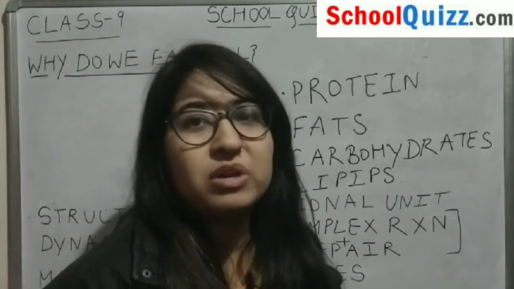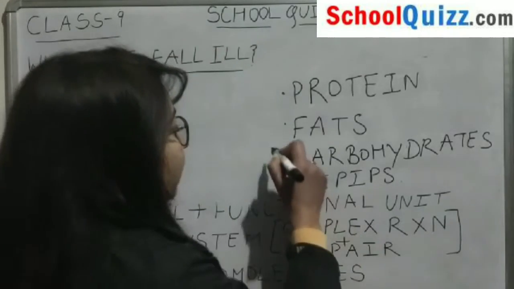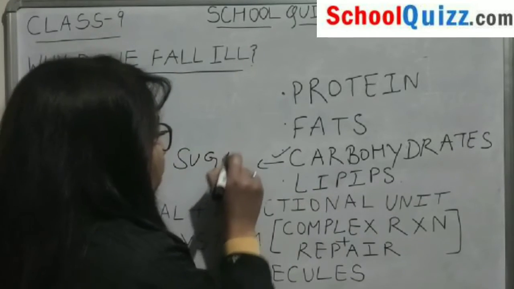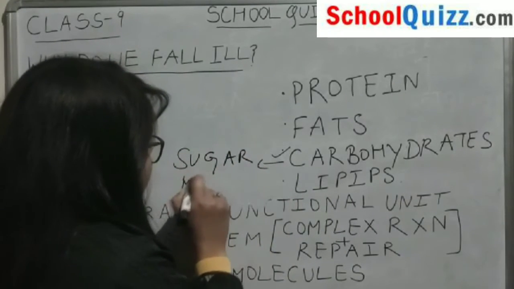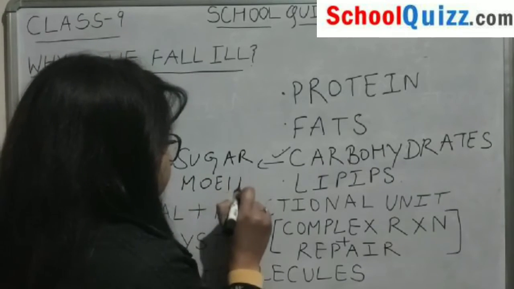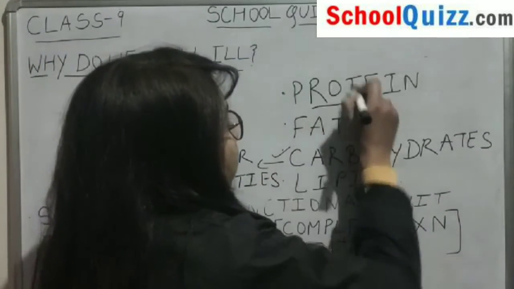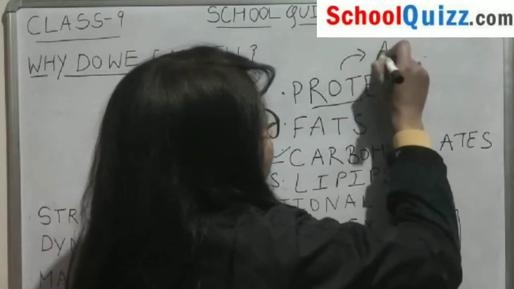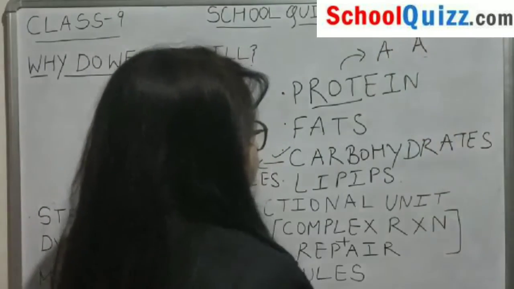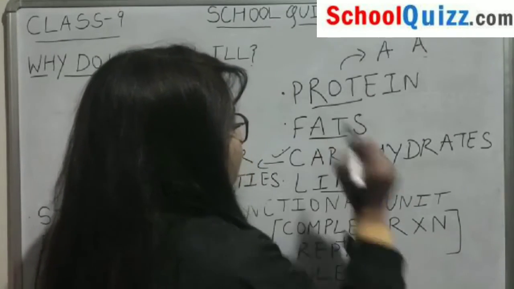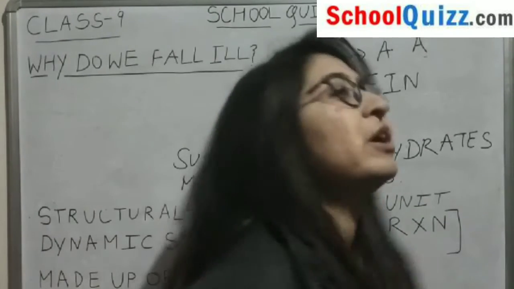Carbohydrates are basically made up of sugar molecules. Sugar moieties are involved, whereas protein is formed from amino acids. And in a similar way, lipids and fatty acids are also involved.